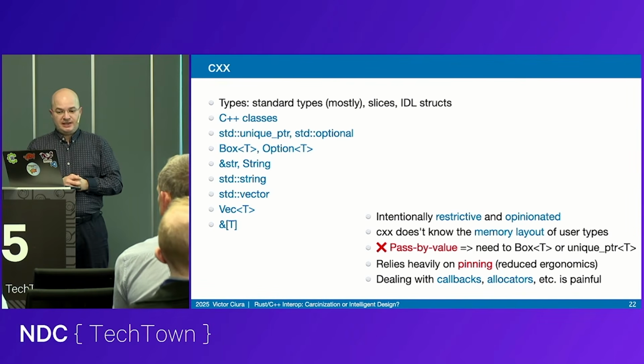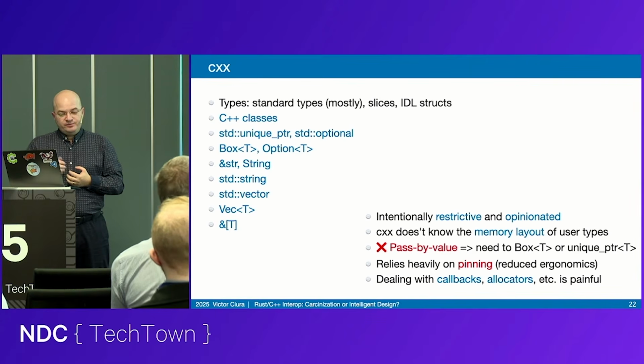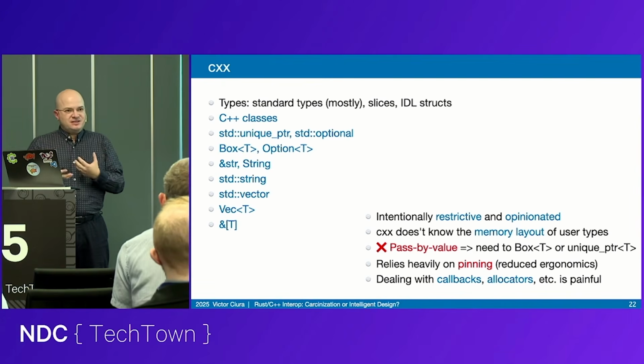Because of this, the library requires pinning, and pinning tends to pervade the boundary of interop. And whenever you have pinned code, it tends to be less Rust idiomatic. It's definitely not ergonomic in use. So it makes things uncomfortable.